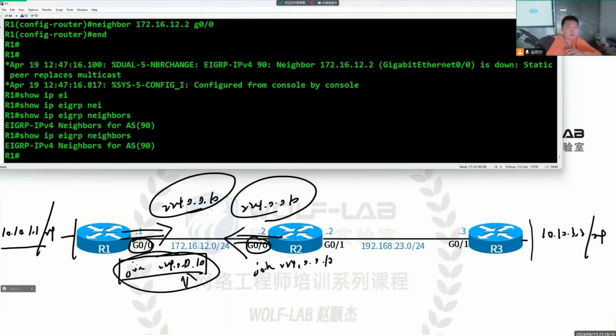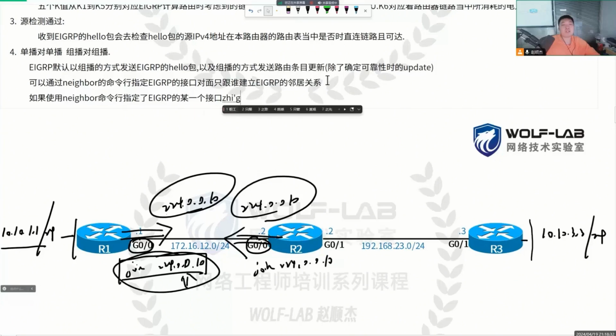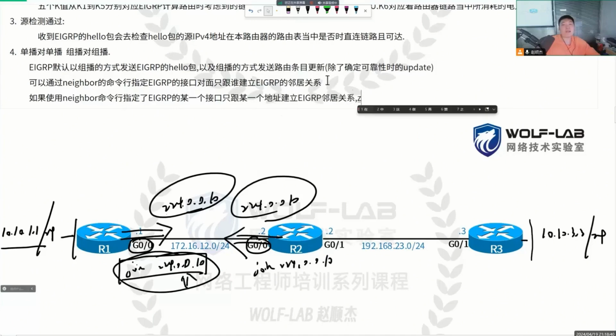We haven't talked about query yet, no rush, let it be. As long as we specify the EIGRP unicast neighbor, look at R1 here: once it is specified, when sending hello packets, it will not use the default multicast transmission, but will send them individually to 172.16.12.2.